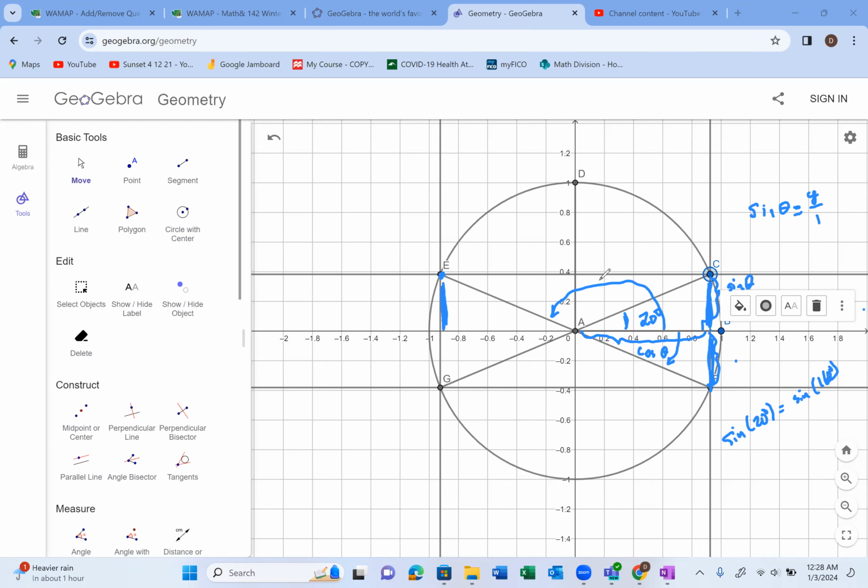If that's a 20-degree angle in there, this would be a 20-degree angle in there as well. And so the sine of 160 is the same as the sine of 20.